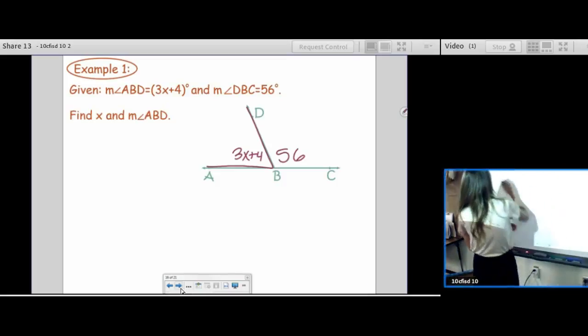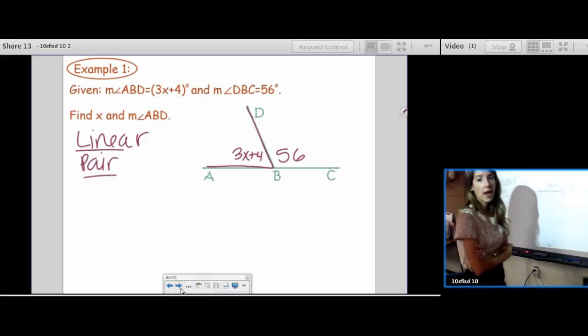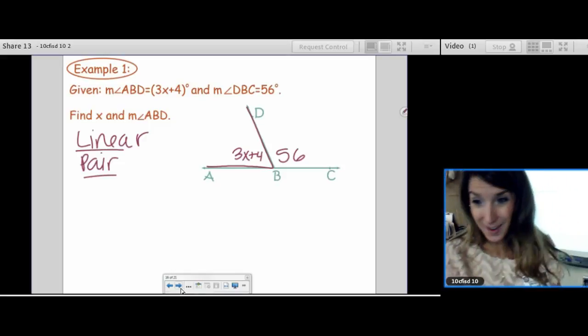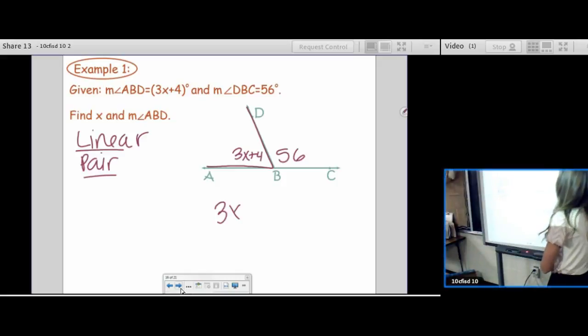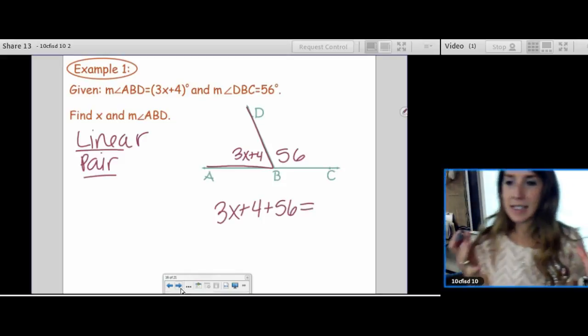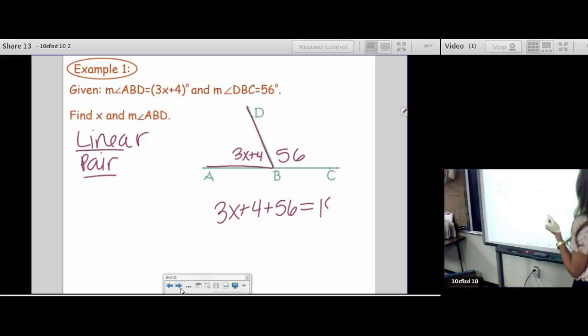So we know the angles we were given are a linear pair. So we get to use the linear pair theorem since we know they are a linear pair. The linear pair theorem says they're supplementary. We know when angles are supplementary, their sum, meaning add them together, is 180.